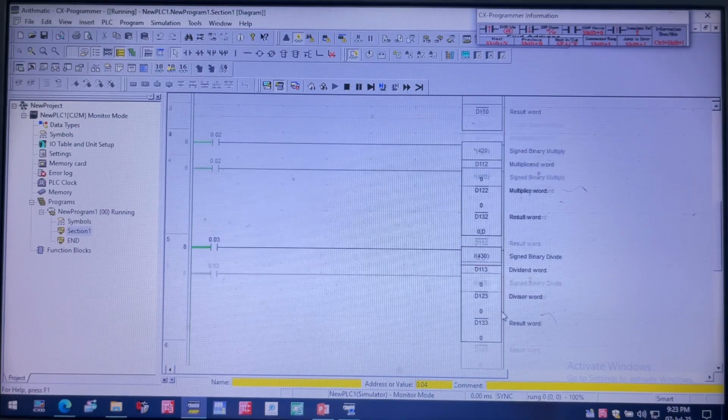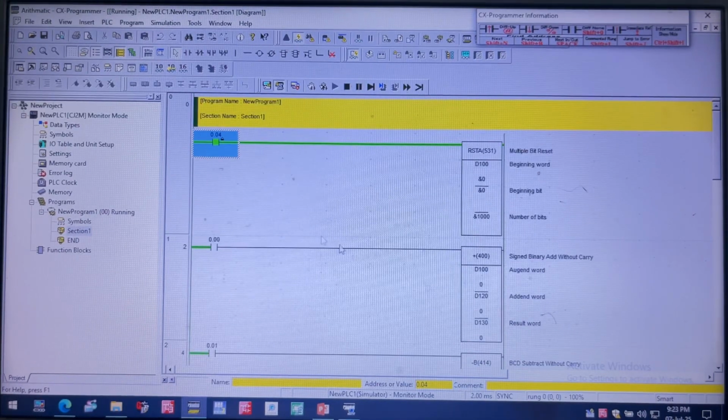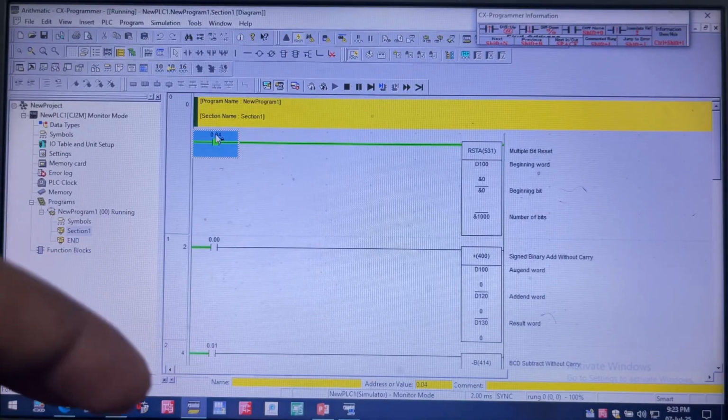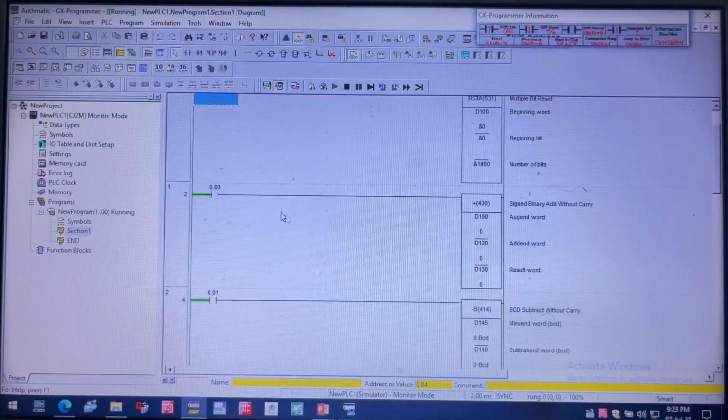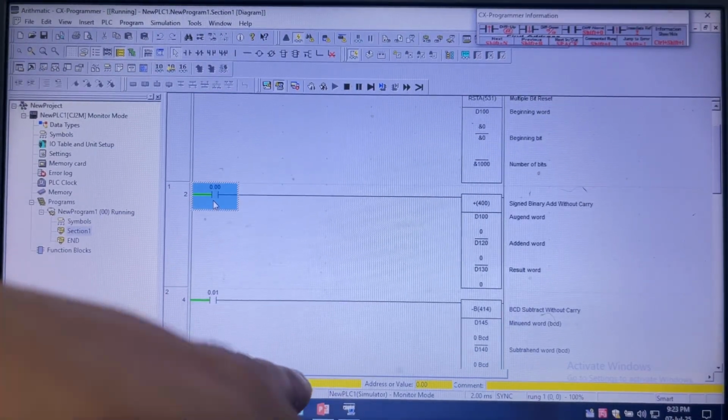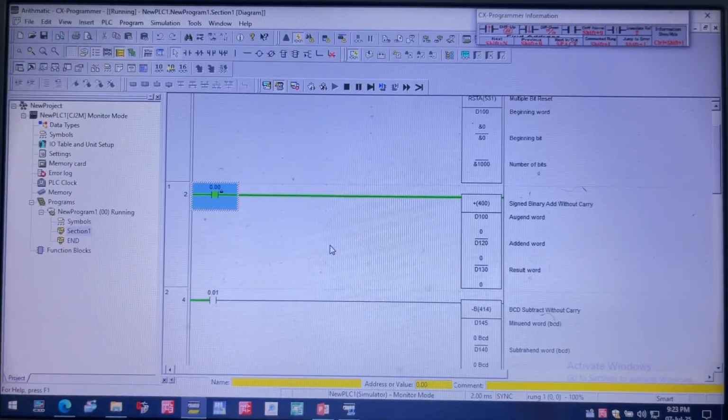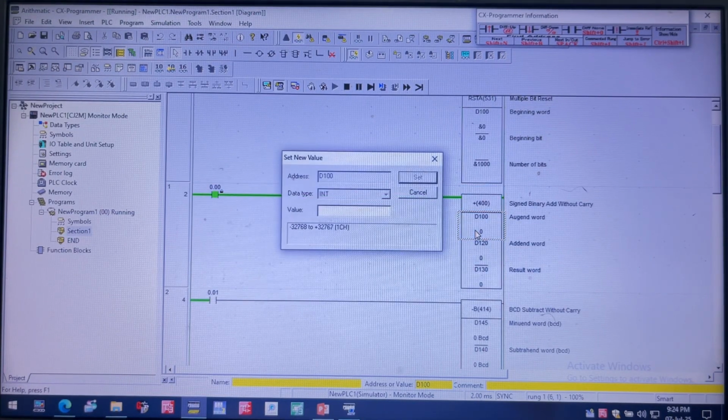You can see the reset bit is now off. Now again the 0.00 input is on. Now the augend word and addend word, D100 plus D120, and the result word is D130. So we check this.